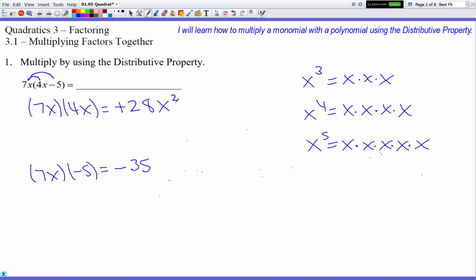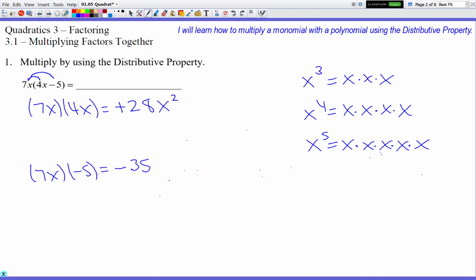Just like on the side here, when I have 3 x's multiplied together, that's a power of 3. When I have 4 x's, that's a power of 4. When I have 5 x's, that's a power of 5. So all I do is count how many x's are being multiplied and put that number as the power of x, because that's what powers do. They tell you how many x's are being multiplied.